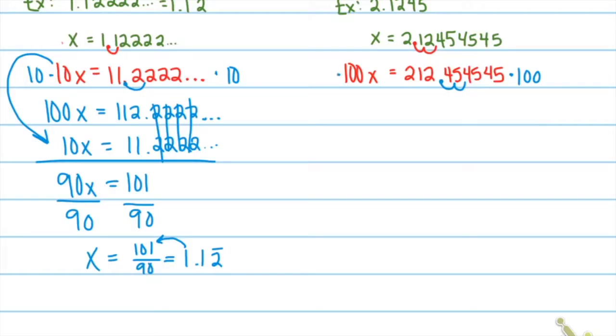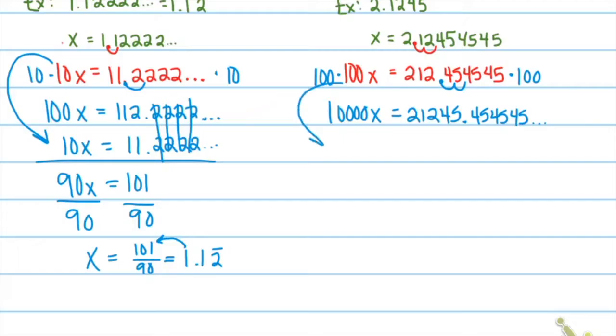So I'm going to multiply both sides by 100. Unfortunately, this gives us a pretty large number. I get 10,000x, which is going to equal 21245.454545... forever and ever.